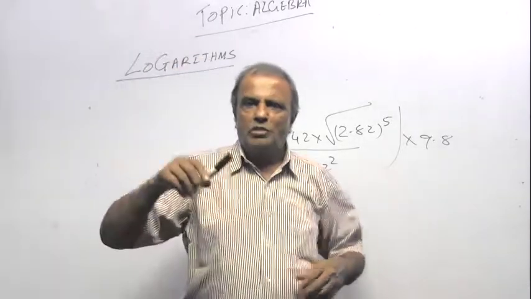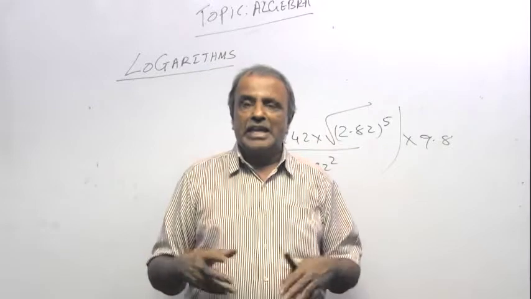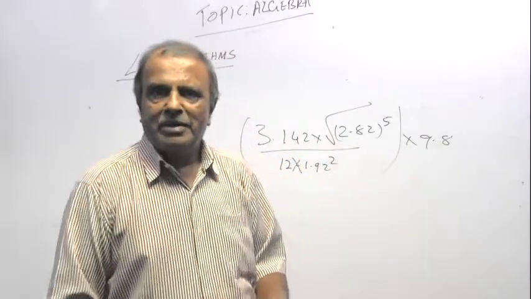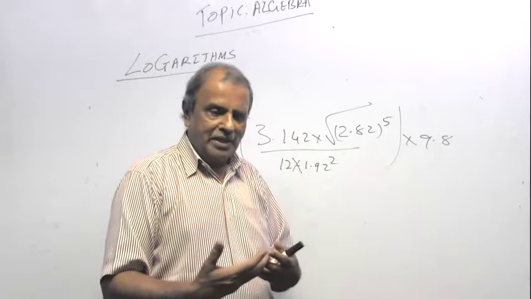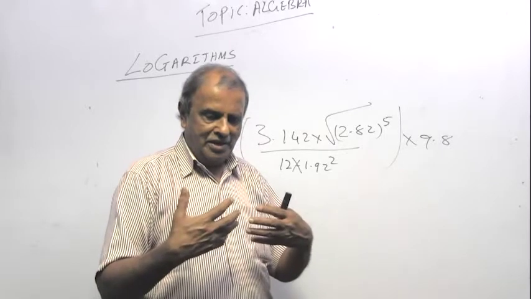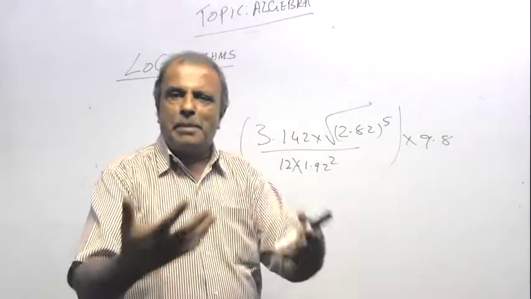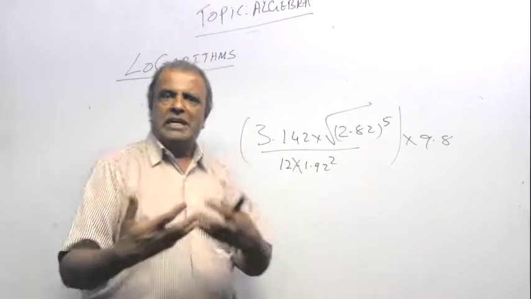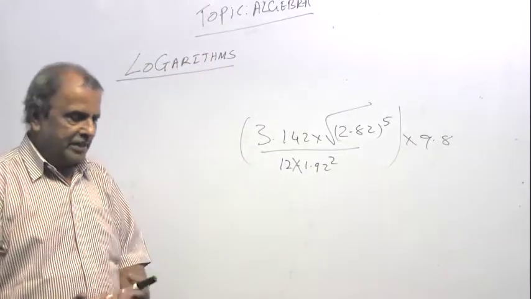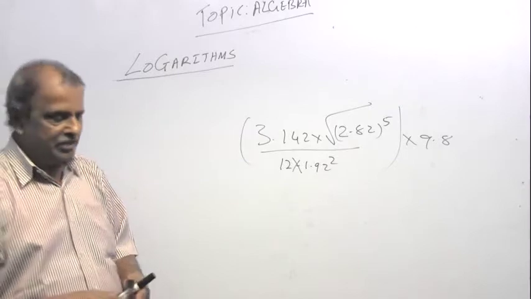When you do log with a base e, you're looking at a Naperian logarithm. That's again a way of honoring Napier, who developed logarithms in the 17th century, 1600 something.